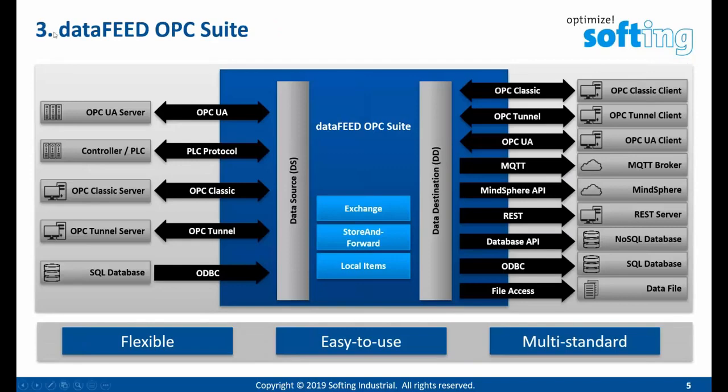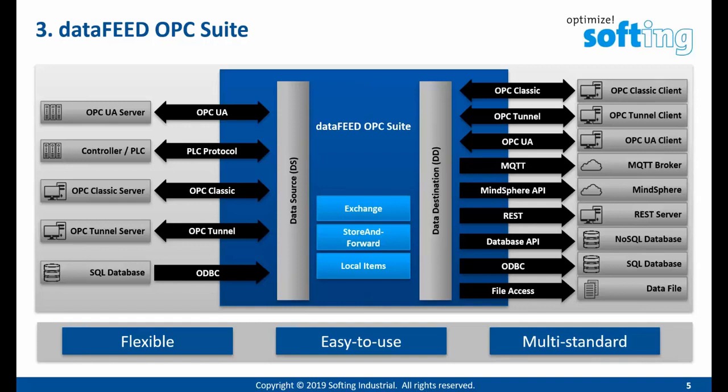So what is the Datafeed OPC suite? It is easily explained by looking at this picture. You can see on the left-hand side a couple of data sources where we can collect data from. For instance, we can collect data from an OPC UA server, but we can also collect data from PLCs from different vendors.